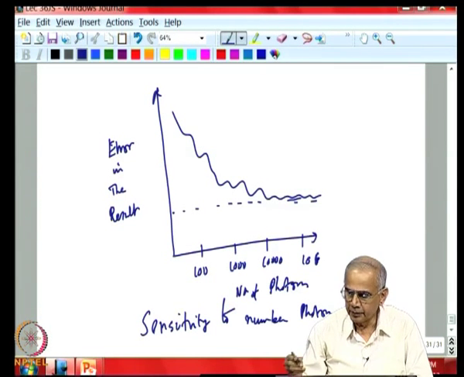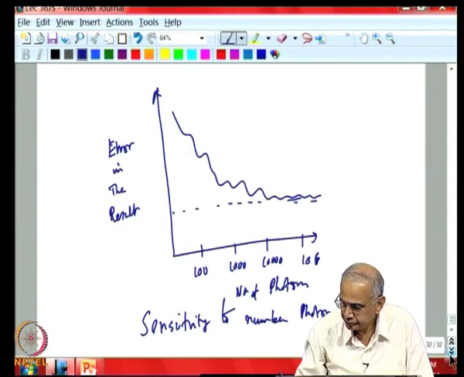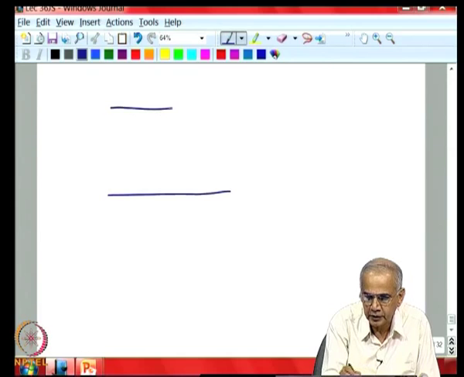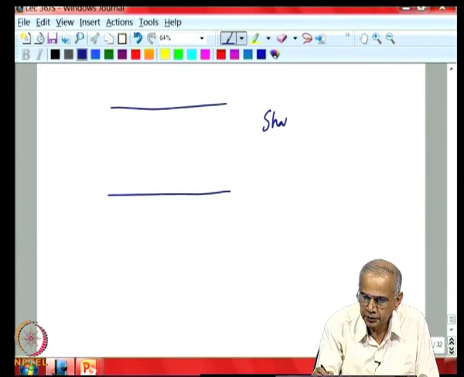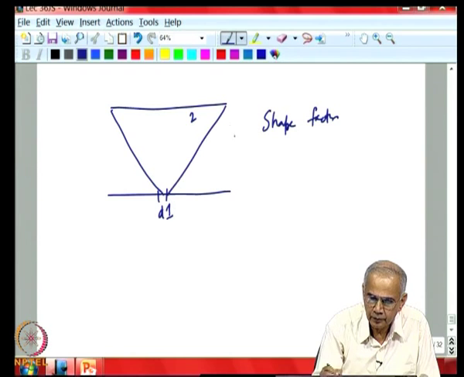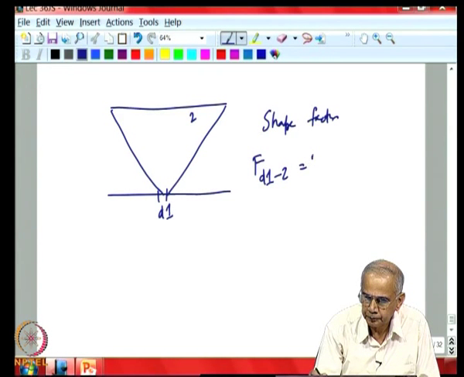So, let me give an example. Suppose you want to find the shape factor, which we discussed earlier in the course using standard integration procedures. So, you start with some element here, this is element d1 and this is surface 2, and you want to know what fraction is leaving d1 and reaching 2.